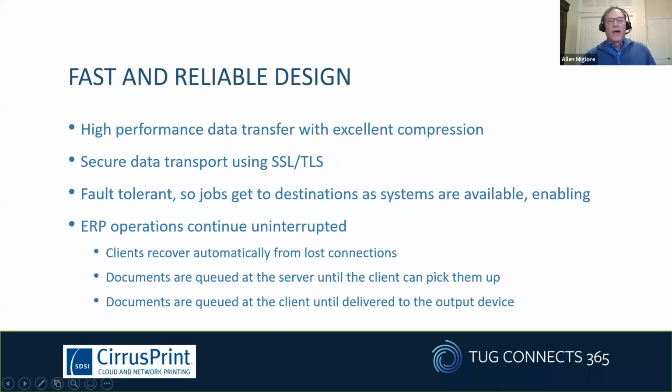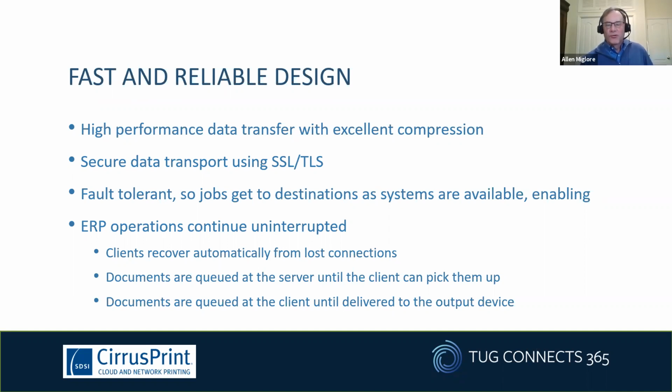We designed CirrusPrint to be both fast, through some really powerful compression techniques, and reliable. It's fault tolerant. The server stays running 24/7. The clients don't have to be connected all the time. The server will be what is collecting and spooling things for the ERP. And then the clients, as they can connect in through their internet connections, can receive those jobs.